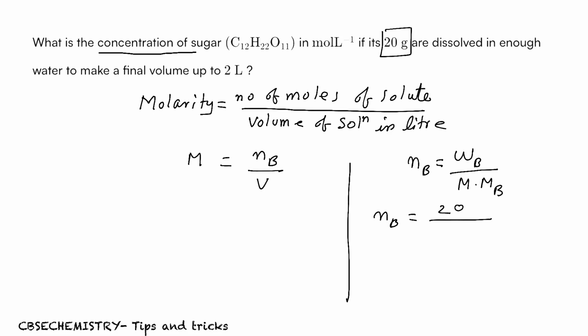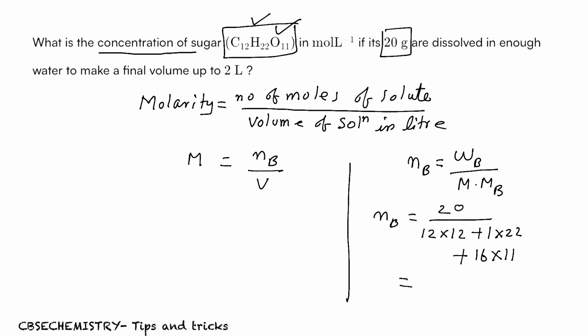Now molar mass of the solute. What is the molecular formula? C12H22O11. So 12 into 12, 12 carbon is there and atomic mass of carbon is 12, plus H22, atomic mass of hydrogen is 1 and 22 hydrogen is there, plus O11. See, oxygen it is 16 and 11 oxygen is there.